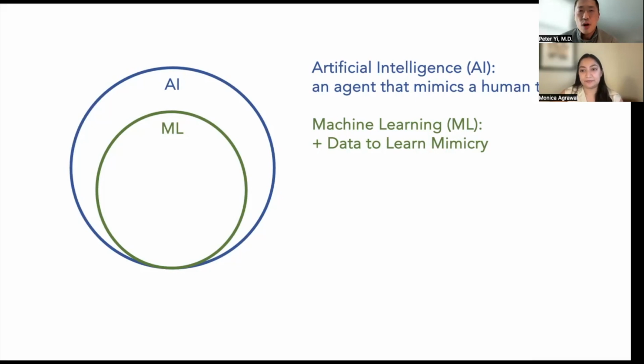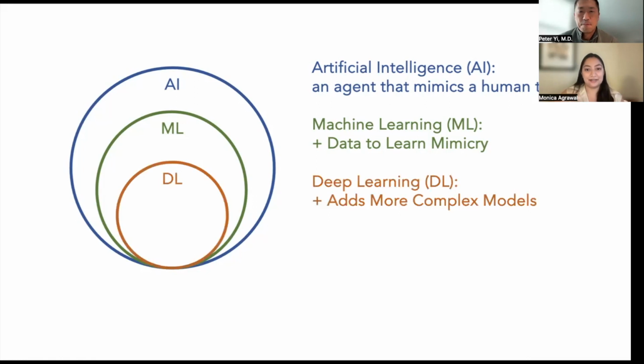And then what would be deep learning? Yeah, so deep learning is a subset of machine learning, and essentially, instead of operating on a simple model, deep learning adds models with multiple layers of complexity. Every problem doesn't necessarily need deep learning. For something like a spam filter, maybe you can do pretty well with just simple word level features.